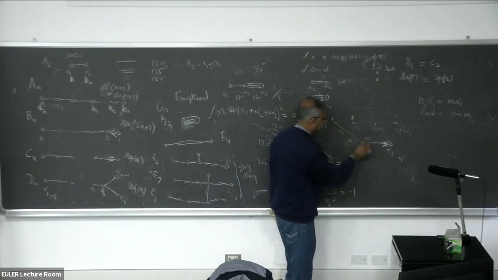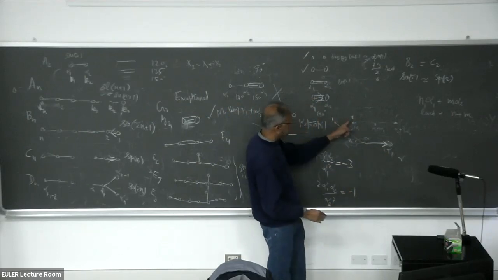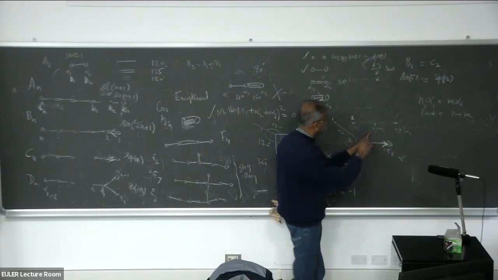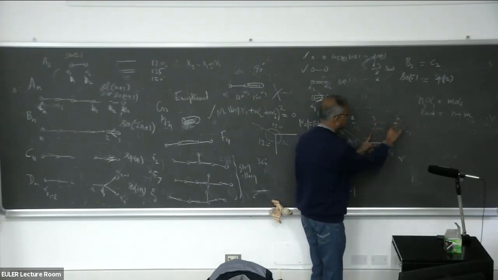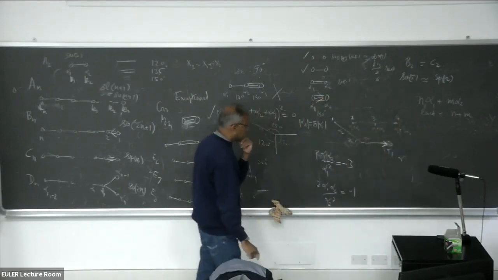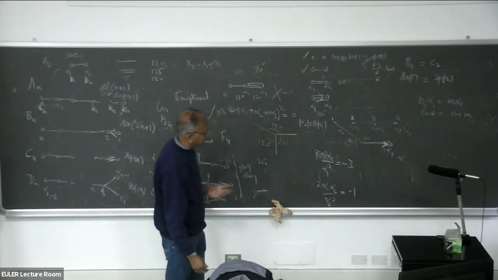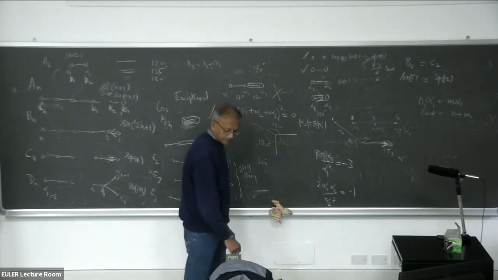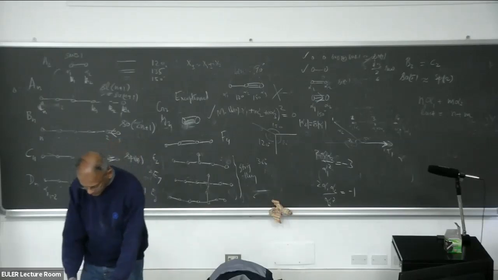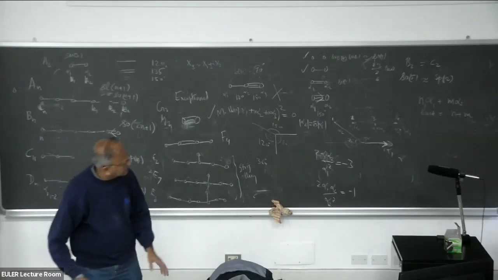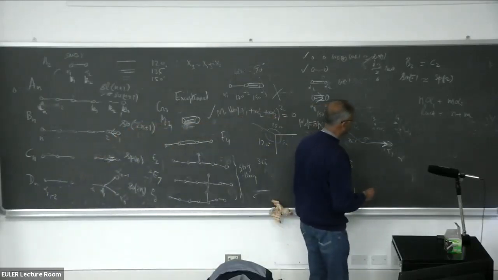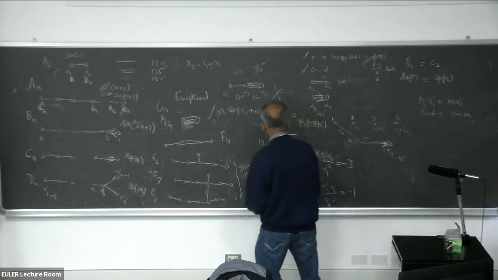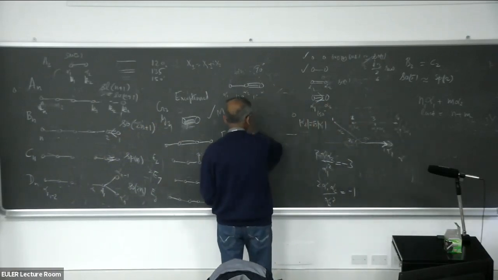These numbers I'm writing are levels, because this is 1 plus 1, whereas this is level 3, this is level 4. Okay, so let's systematically do it level by level. Maybe there's one theorem I forgot to prove, but I will go back to it later.